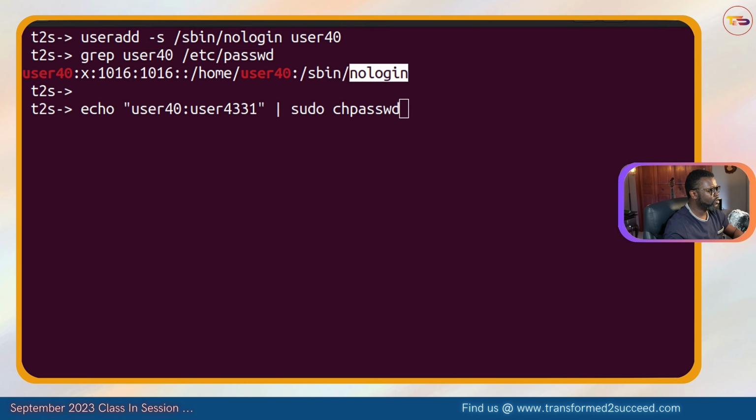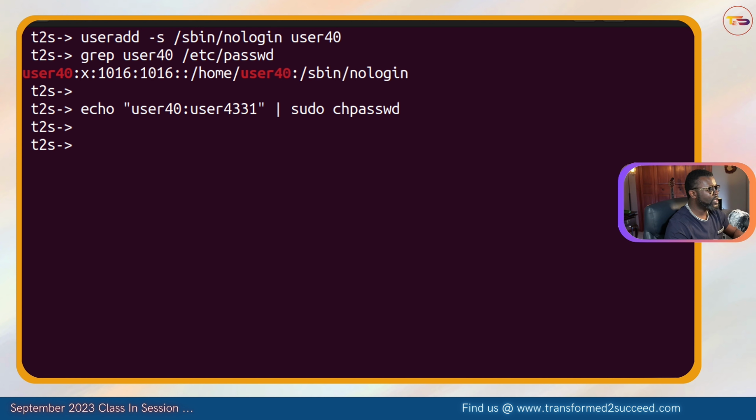So we're gonna do that, and then press enter. Okay, that's done. So now what we want to do is let's try to become this user, and then see what happens.